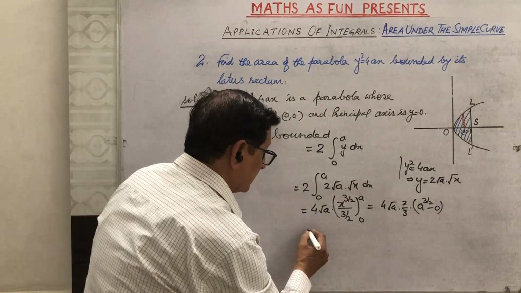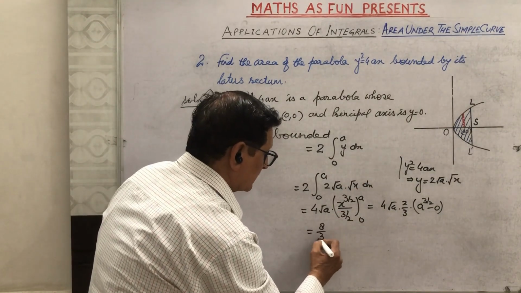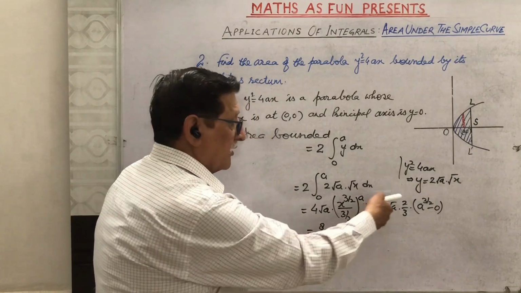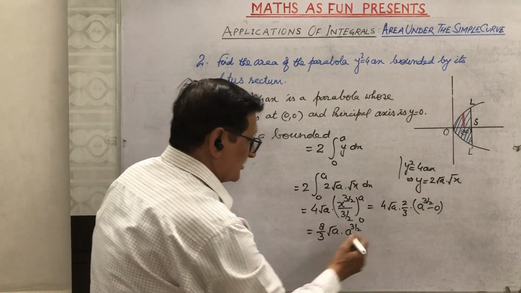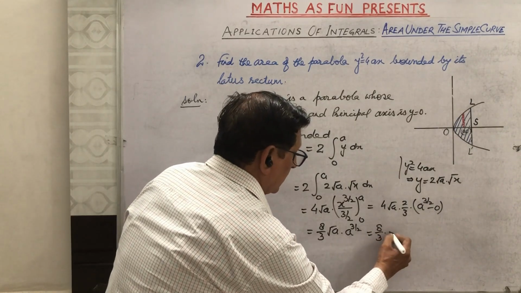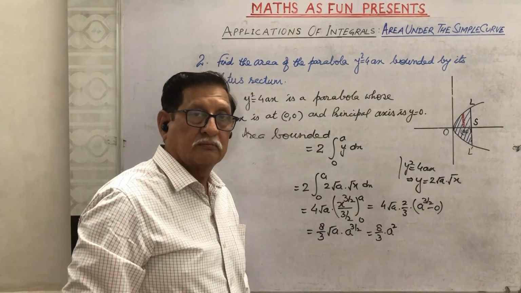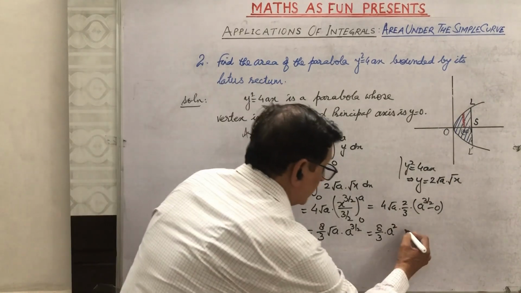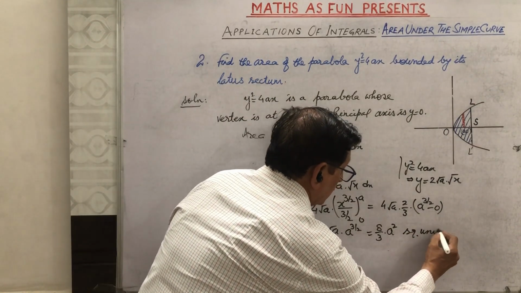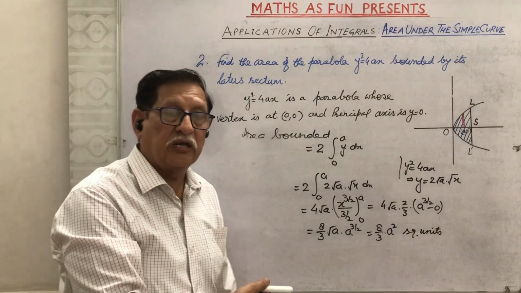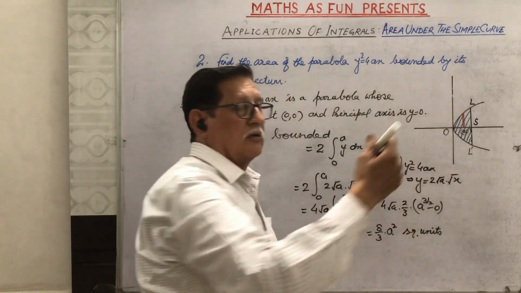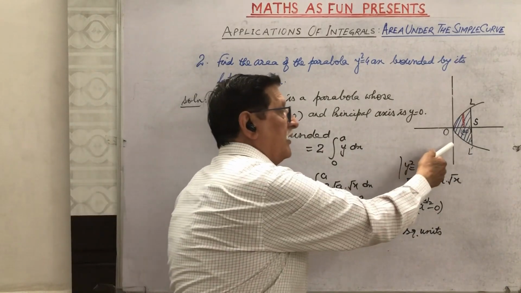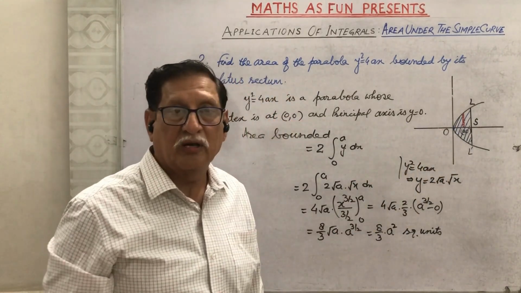When we simplify this, we get 8 by 3 root a into a to the power 3 by 2, which gives 8 by 3 a square square units. This is the area from the vertex to the latus rectum bounded by this particular parabola.